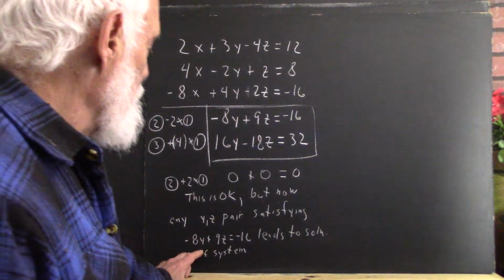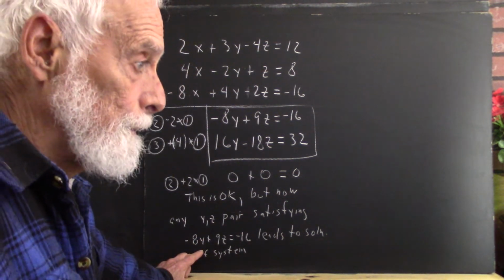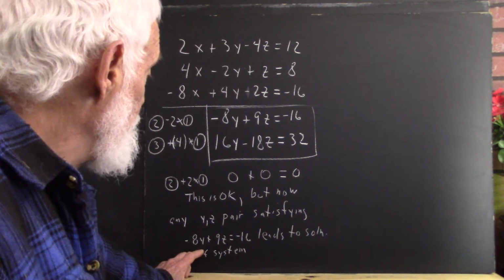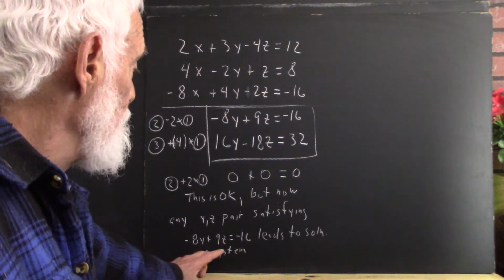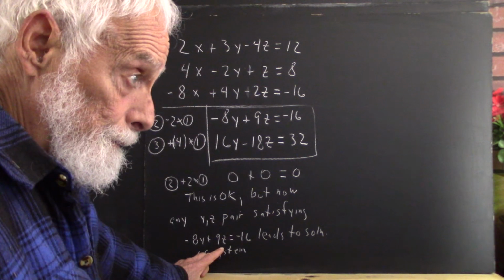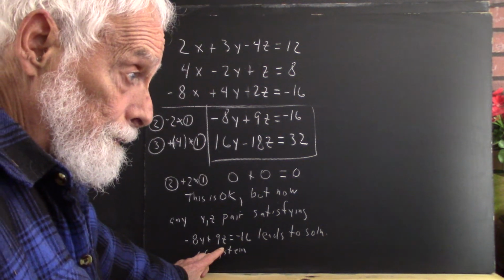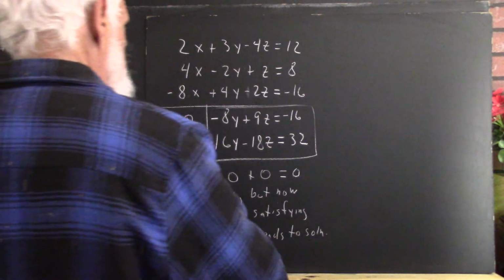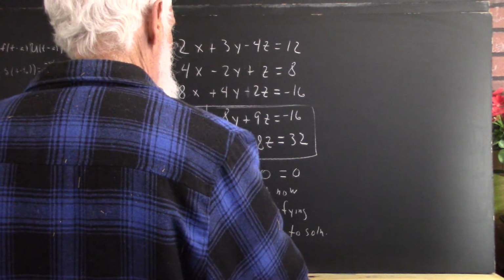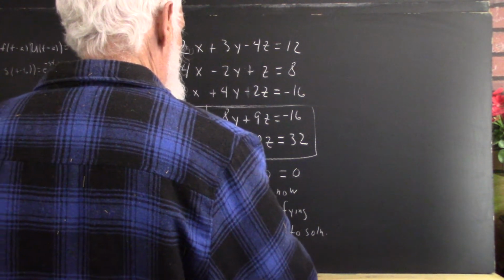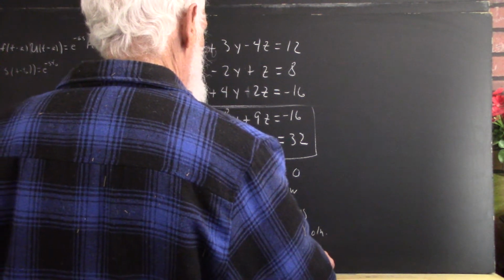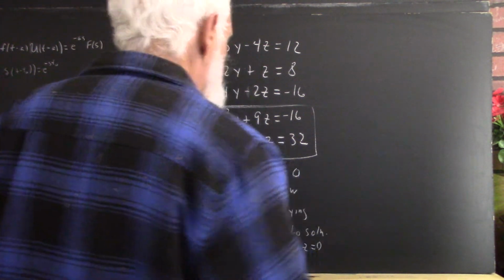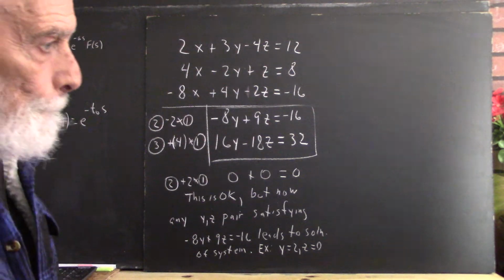One solution of this system is y equals 2, z equals 0. Okay?